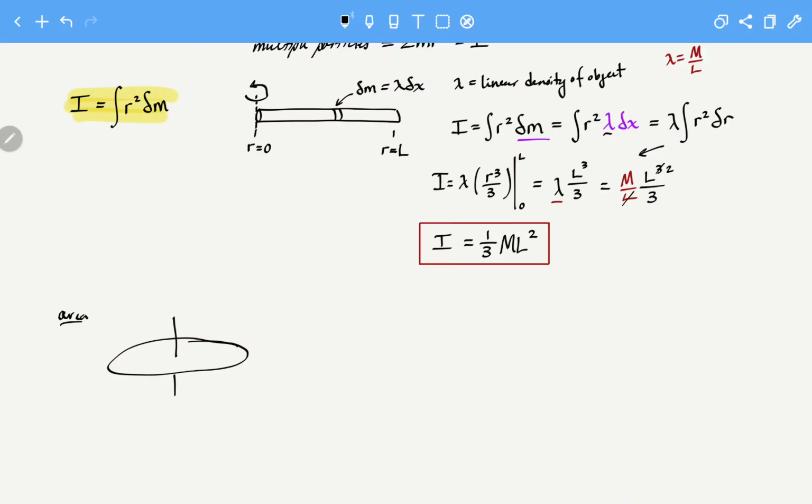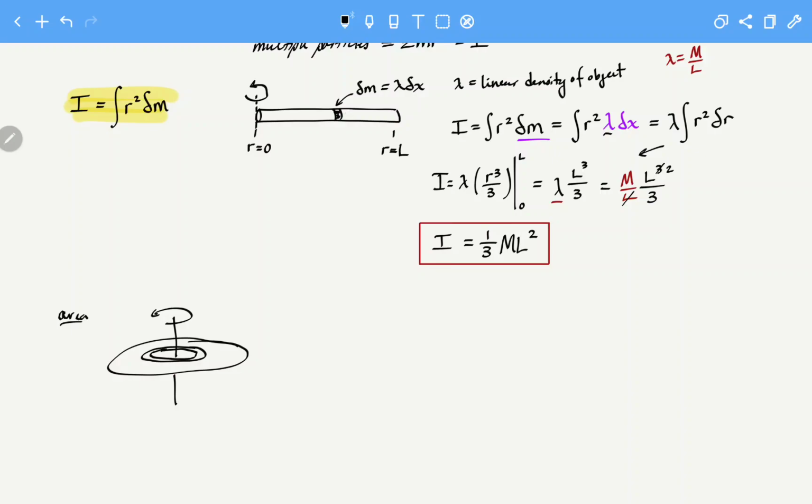So let's say it's rotating around here, and it's just going around its axis there. It's spinning. Now if we wanted to look at a little chunk of area, so this is like a record. It's the little piece there. Before, our dm was this little segment right there.